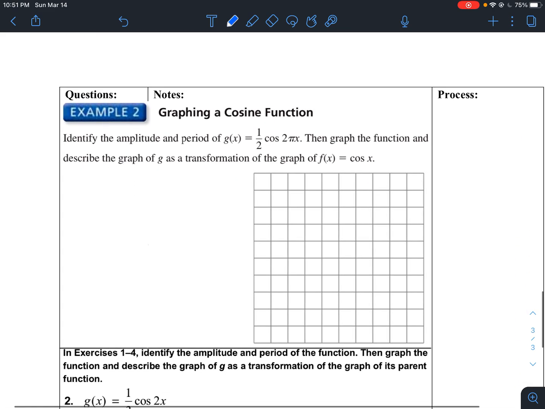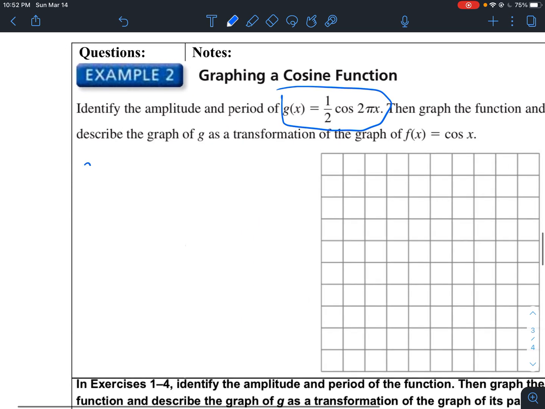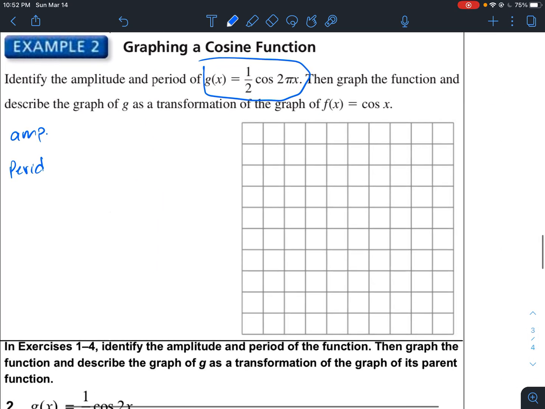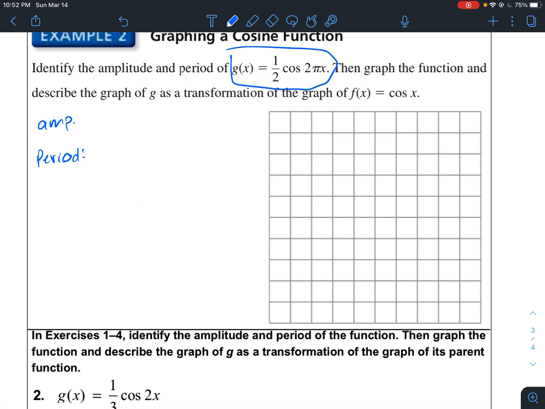Alright, let's come down here and do some cosine functions. So here's our function right here. Identify the amplitude and the period, graph it, and describe its transformation. So the amplitude, we're multiplying it by 1/2.